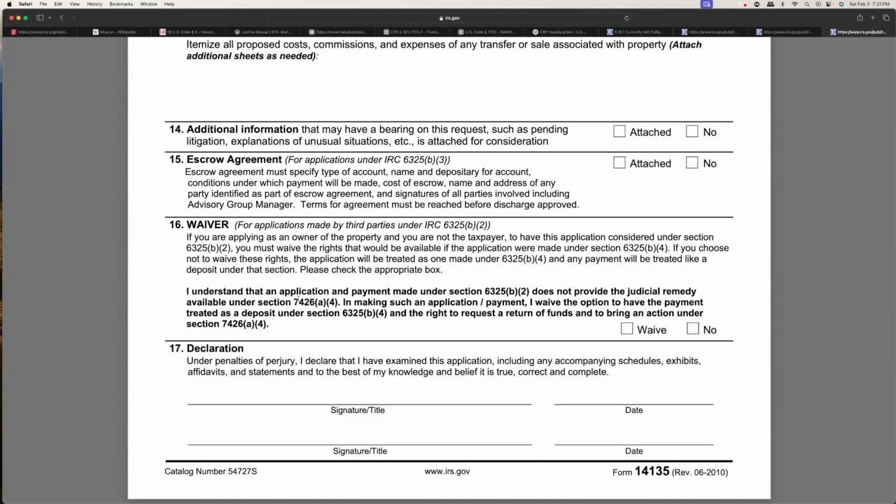I understand that an application and payment made under that does not provide the judicial remedy available under that section. In making such an application payment, I waive the option to have the payment treated as a deposit, and the right to request a return of funds and to bring an action. No. All right, we don't waive anything.